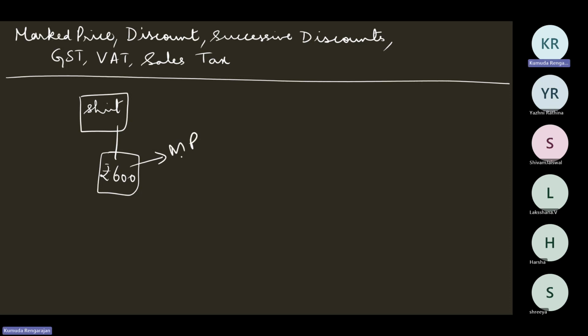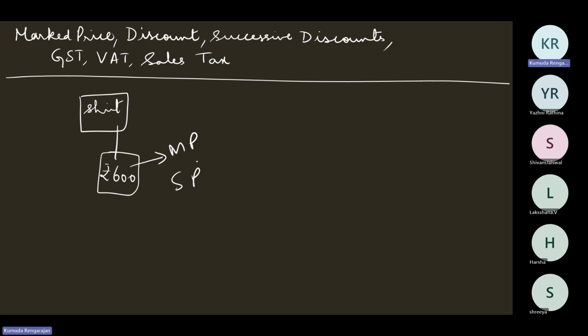If the store is not offering any discount, then the marked price is the selling price. Whatever you see on the tag, 600, this is what you'll have to pay at the counter to pick the shirt.